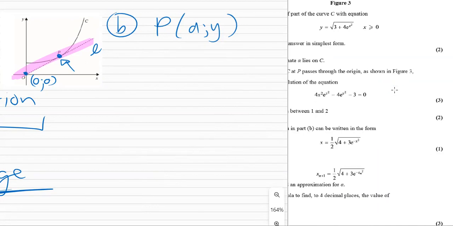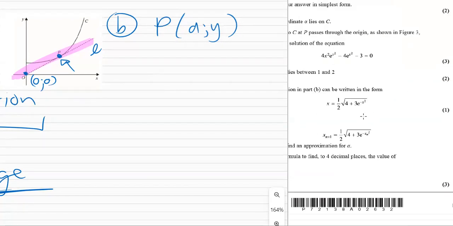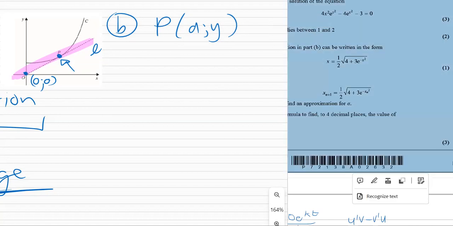Now, the next thing I would do is look at the format. If I look at the format of what they've given you in the question, I noticed that it's got X's in the answer. It doesn't have Y's in the answer. So we want our answer to be X's.